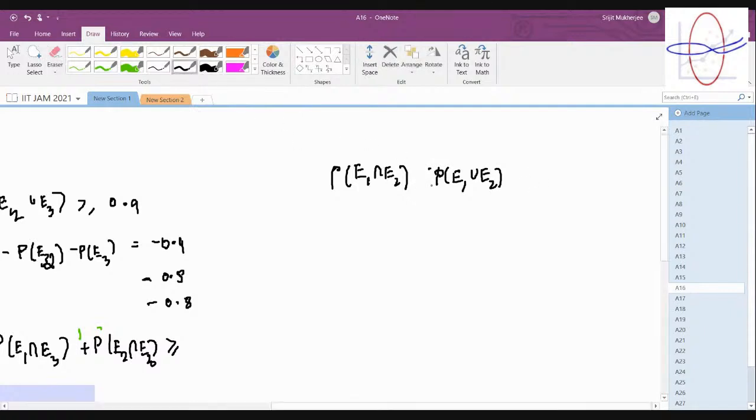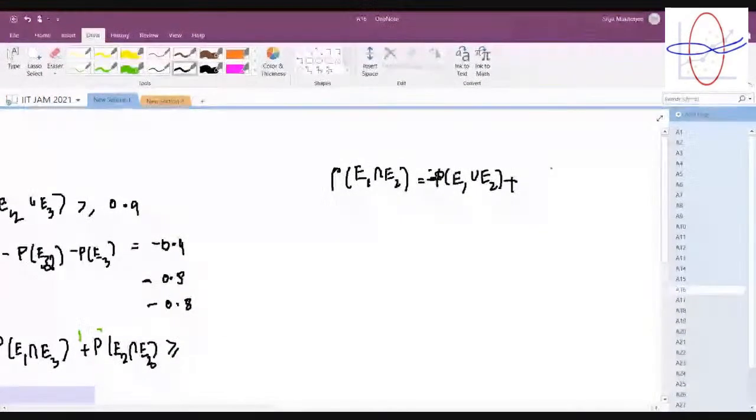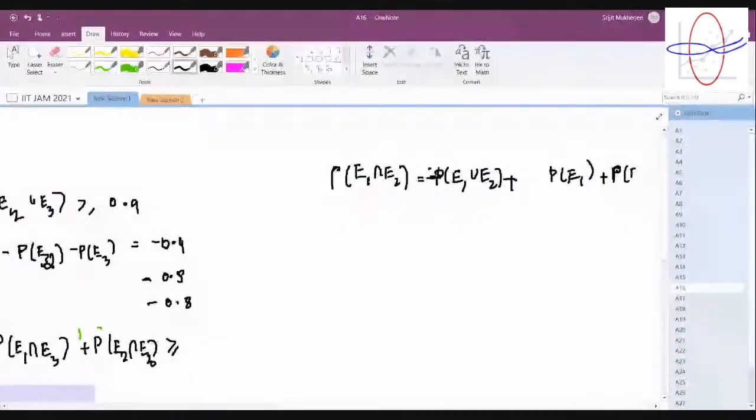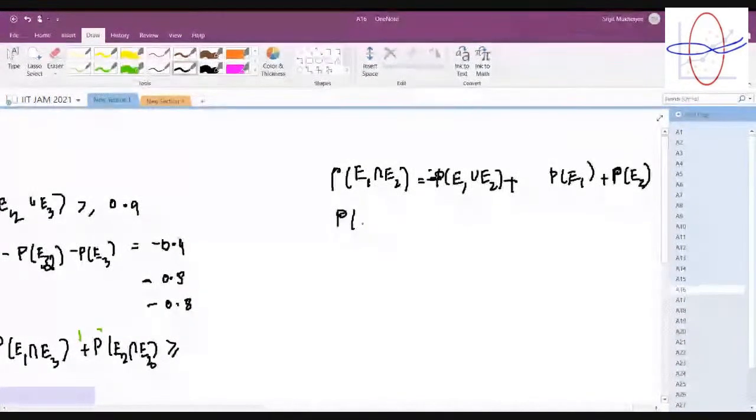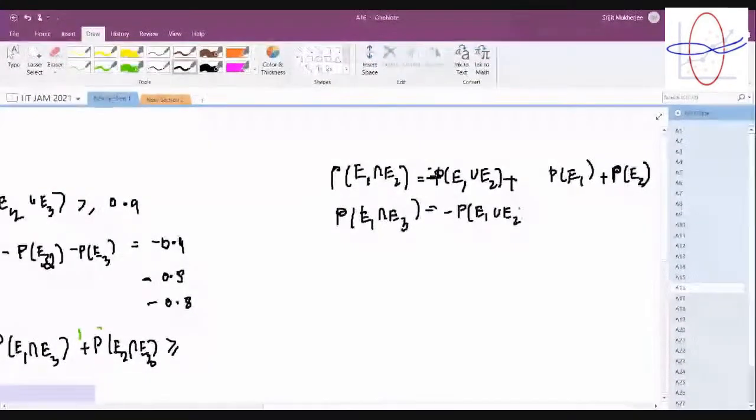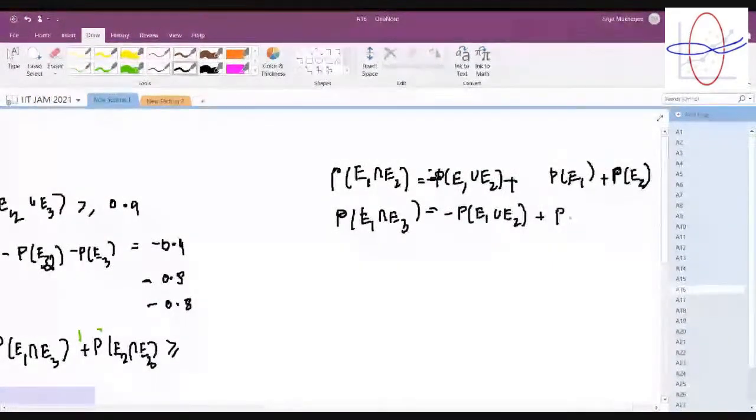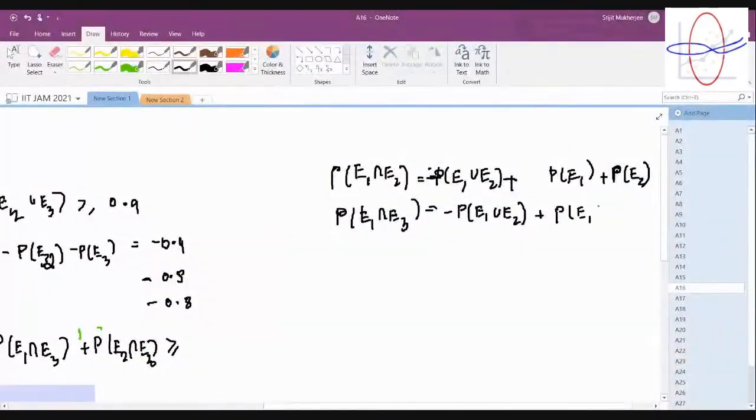Similarly for E1 intersection E3 and E2 intersection E3. These are all by the principle of inclusion and exclusion.